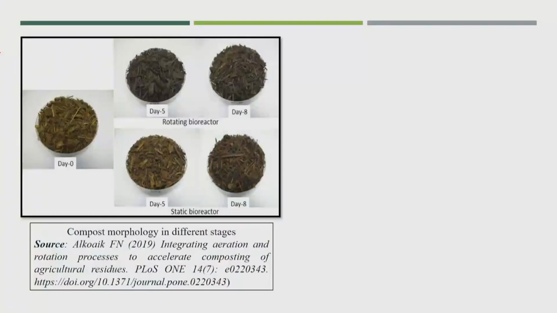So, you can see here the 0 day, and what the color was on day 0, and the color at 5 days: initially it becomes brown, and this converts into black in 8 days. That way you can understand the degradation.